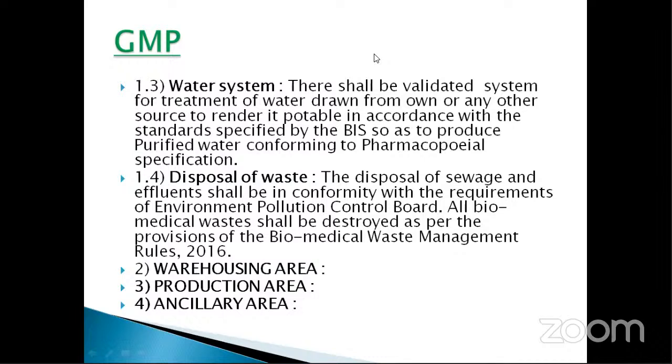Next is the production area. The production area shall be designated to allow production, preferably in uniflow and with a logical sequence of operation. That is very important. Production will be done in uniflow sequence. It should not be any zigzag sequence or random sequence. That means one operation after another, it will move in a uniflow, logical sequential direction, which will minimize the chances of cross-contamination and particulate contamination.